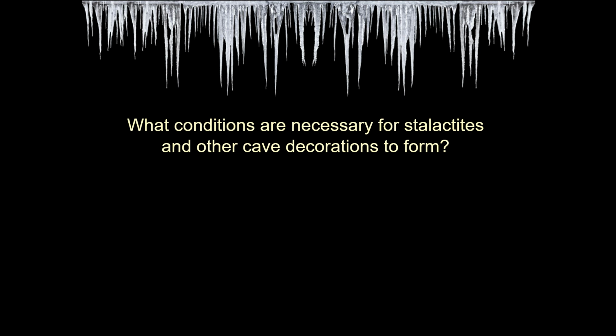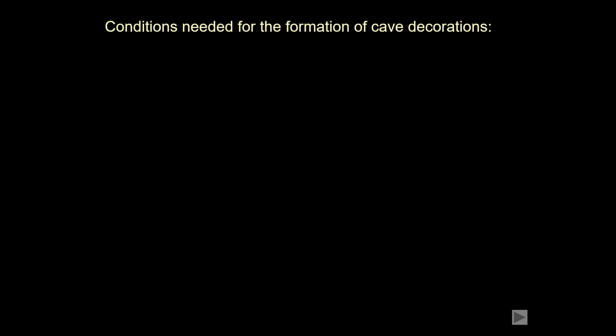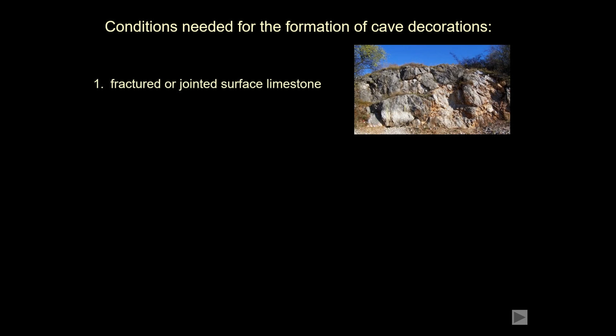So you might say, what conditions are necessary for stalactites and other cave decorations to form? Let's take a look at some of those. Here are some conditions needed for the formation of cave decorations, another way to describe those things found inside limestone caves. The first thing: fractured or jointed surface limestone. You have to have a way for the water to travel down through the surface limestone, so there has to be some cracks or joints.